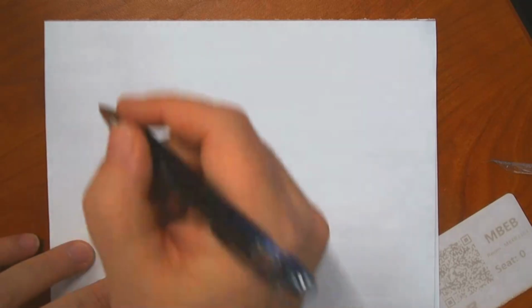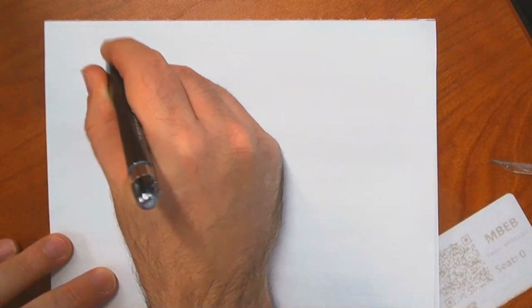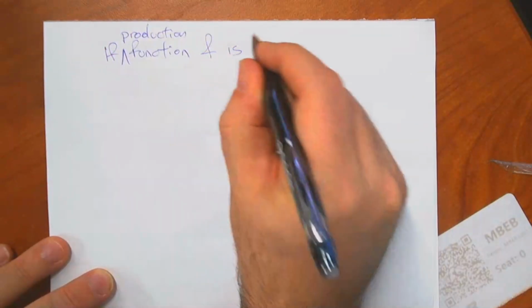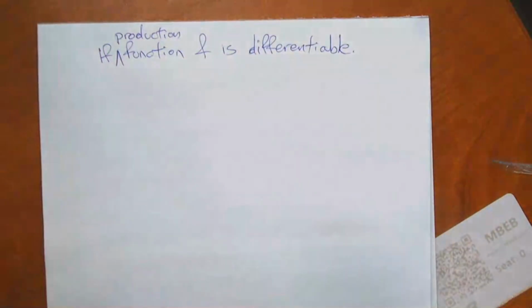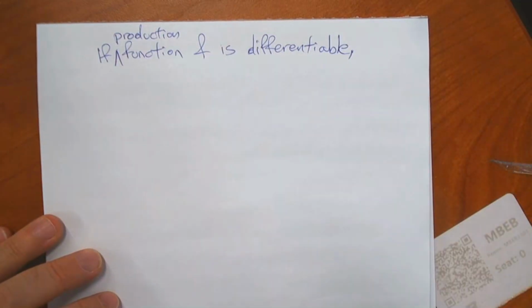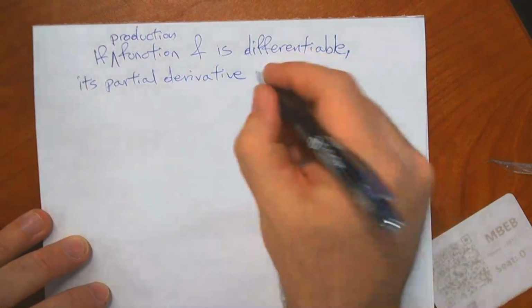So if this function f, which is a production function, is differentiable, what does that mean? It means that we're dealing with smooth functions, right? We're not dealing with functions that have kinks, at least for the points at which they are differentiable. We can calculate its partial derivative. It's called the marginal product.